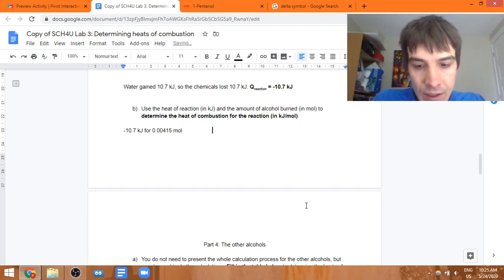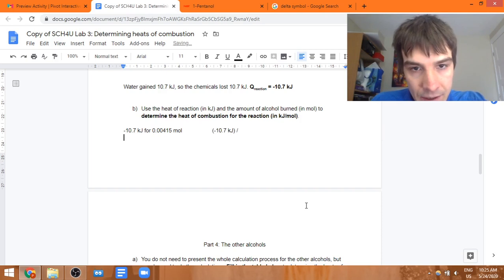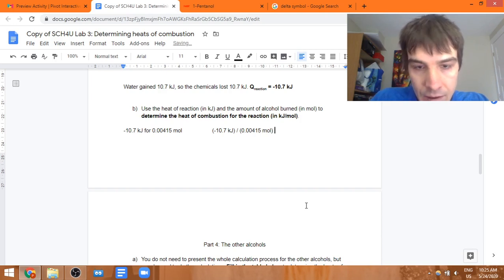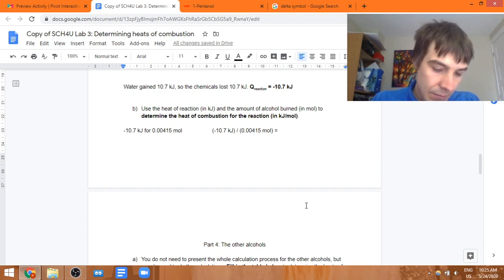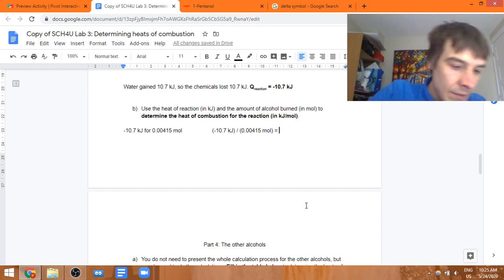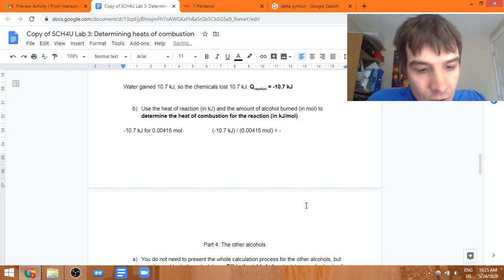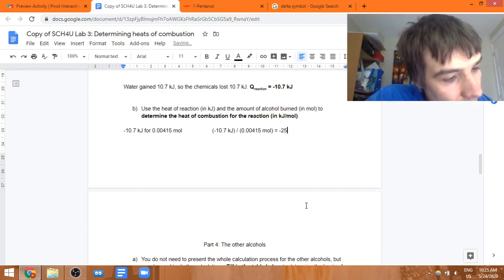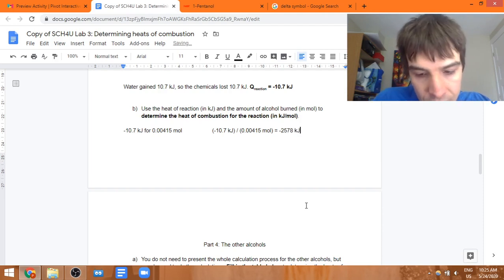Right, so negative 10.7 kilojoules divided by 0.00415 mole is equal to negative 10.7 divided by 0.00415, negative 2,578 kilojoules per mole.